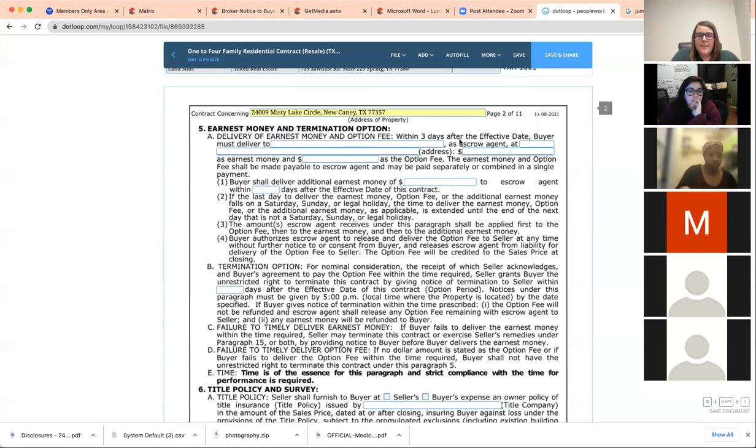So 3 days, let's just clarify what this means. And also, I guess I should finish this line. The earnest money and option fee shall be made payable to escrow agent, title company, and be paid separately or combined into single payment. This is new this year, so it used to not be this way.